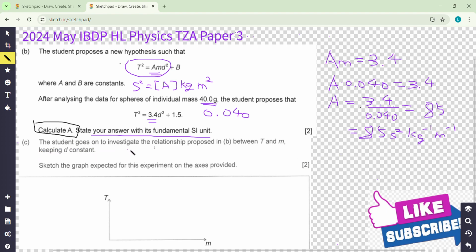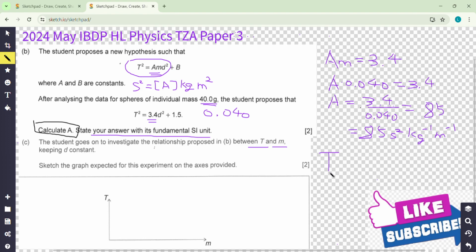Okay, the student goes on to investigate the relationship between T and m, keeping d constant. So look at here, T and m. You need to change the equation a little bit to make sure you notice it clearly.